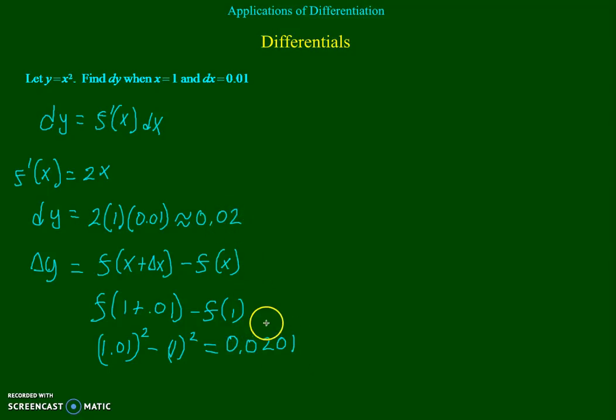So you can see that our approximation is very close to the actual change. So when our delta x was relatively small, our approximation was almost the same. So let's move on to another application of differentials.